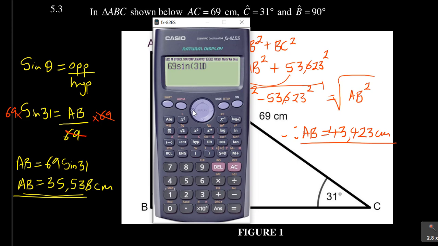Just again to check, mod shift, to say am I working with degrees. Let me try again. 69 sin 31, it is still maintaining the same answer.